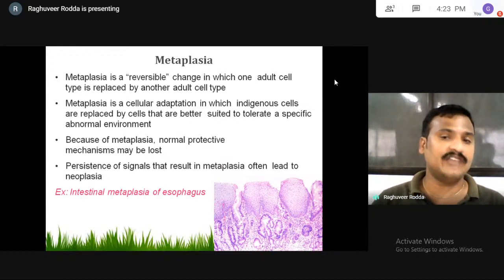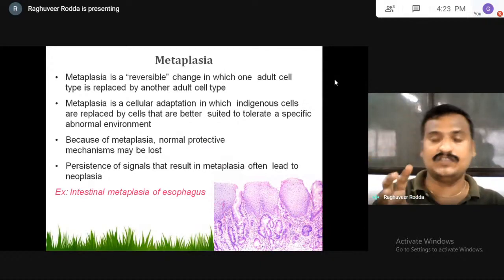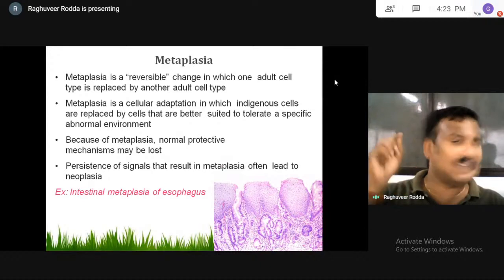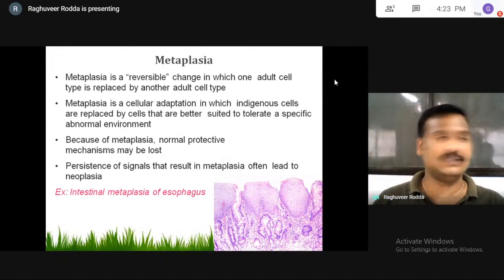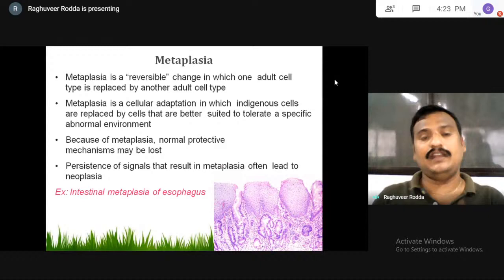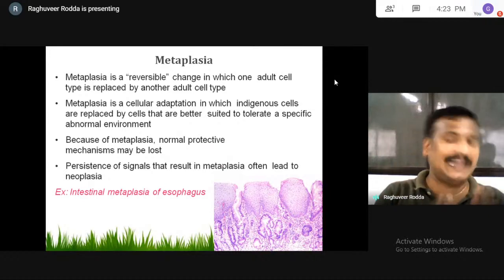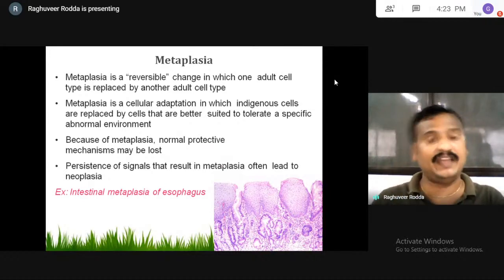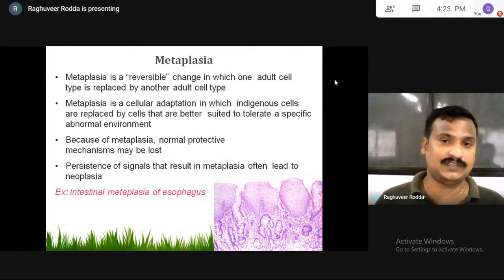It is going to produce a better cellular structure, which is going to produce more defense against the stressful condition. So when one adult cell type is replaced by another type, you should not consider it cell proliferation.